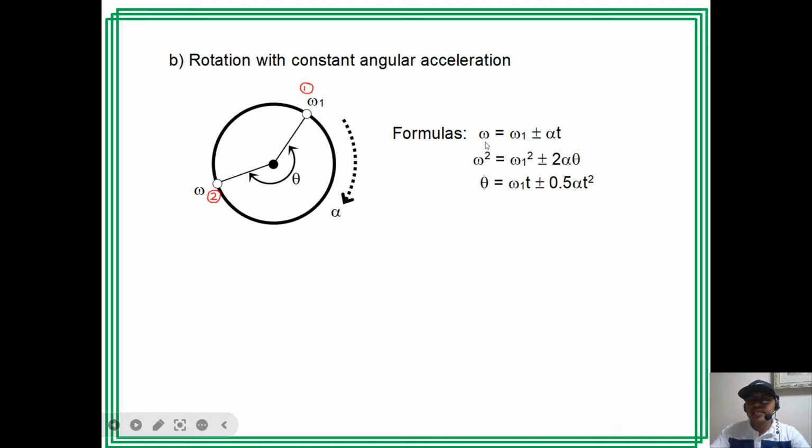Observe, this is equivalent to V equals V1 plus or minus at. This is equivalent to final velocity squared equals initial squared plus or minus 2AS. So this becomes 2 alpha, where the angular distance is theta.